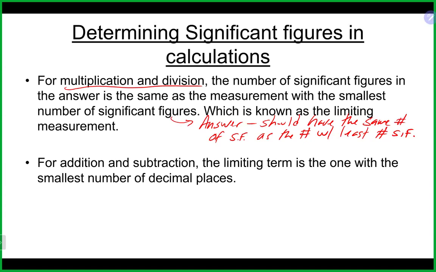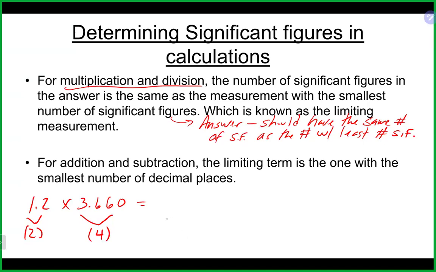So for example, here, if we had 1.2 times 3.660, we are multiplying. That has 2 significant figures. This number has how many? 4 significant figures, as that 0 at the end is significant.